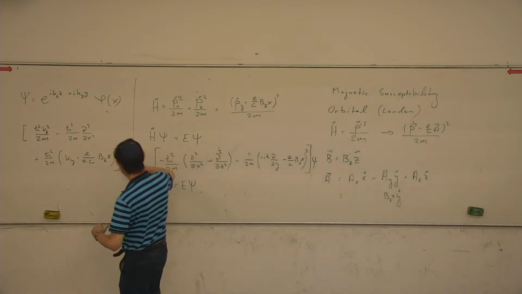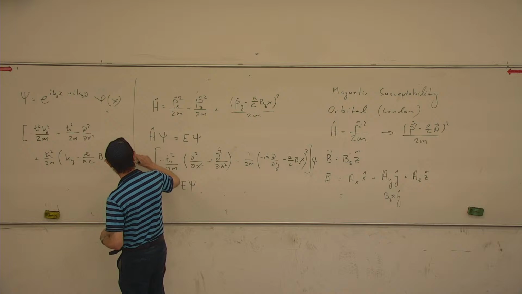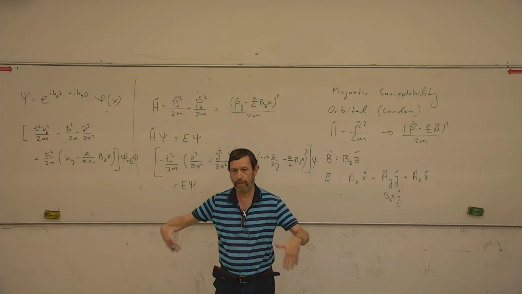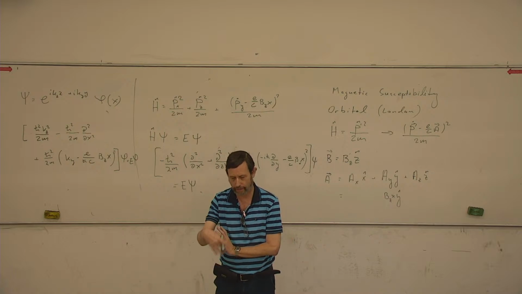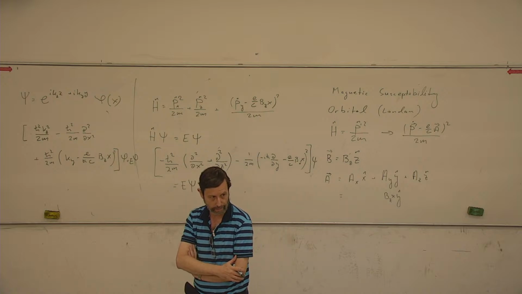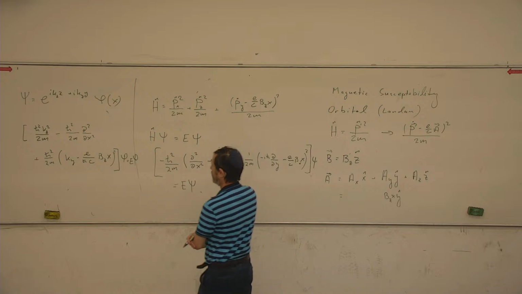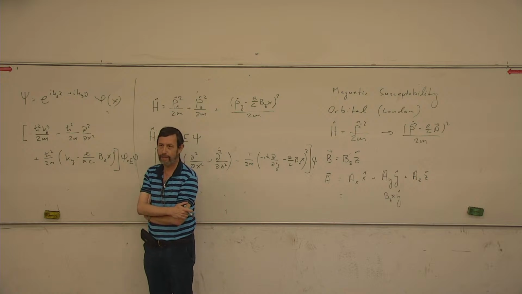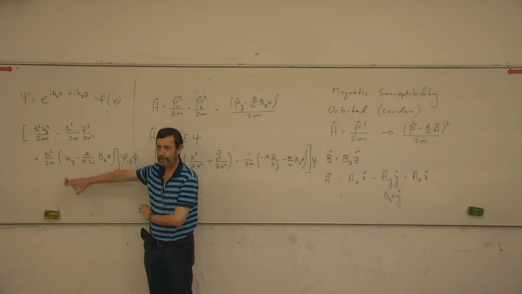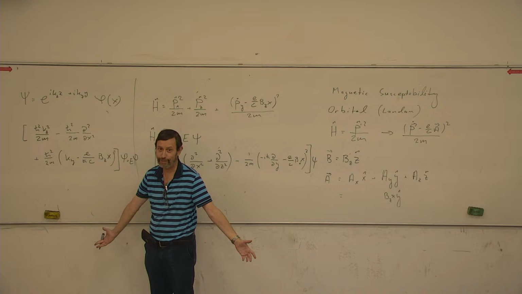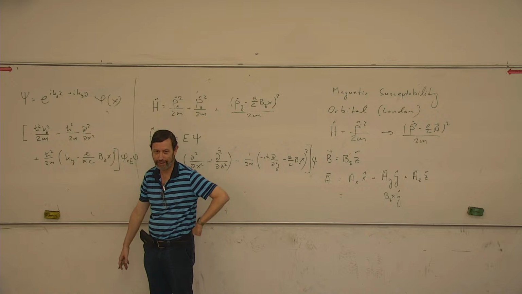Okay, sorry, one small mistake. It's phi, it's not. So all the e to the power i k_x x, k_z z and i k_y y dropped out of the game. Can anyone guess what equation this is? A harmonic oscillator, our good old friend from quantum mechanics 1.